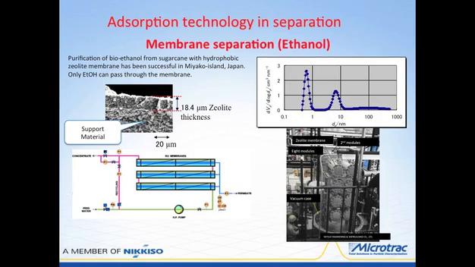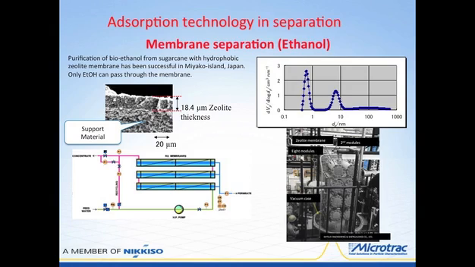But right here on the surface, we see zeolite, and it has a thickness of about 18.4 microns. The whole purpose of this zeolite is that it is being layered in a series of layers to allow purification of bioethanol that's obtained from sugarcane.